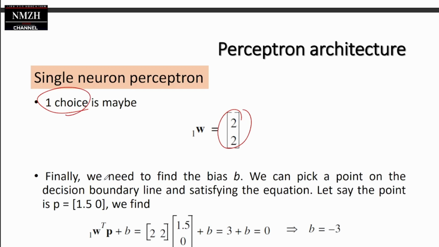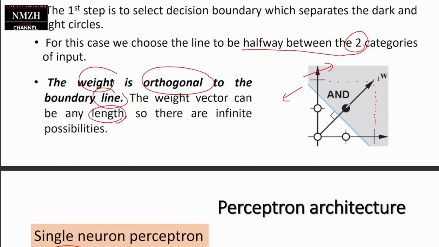If we have the weight on our hand, the second thing we need to find is the bias. Because we have the input and output, we can pick a point on the decision boundary line satisfying the equation. So the bias is basically found from any point on the boundary line. Okay, any.